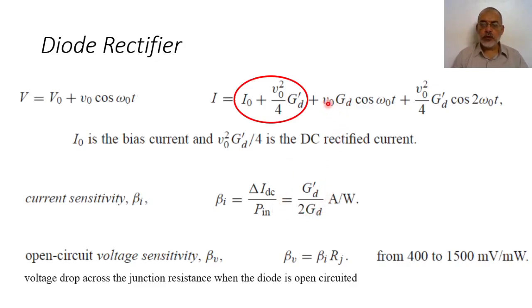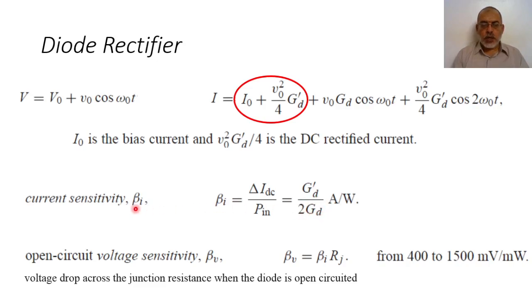So I think this is V naught squared GD squared over 2. So delta IDC, which is V naught squared GD dash over 4, over V naught squared GD squared over 2. So we have 4 in the denominator, we have 2 in the denominator of the denominator, so we have 2 here. I think this should be GD squared. So the current sensitivity would be GD dash over 2 GD squared, not GD.